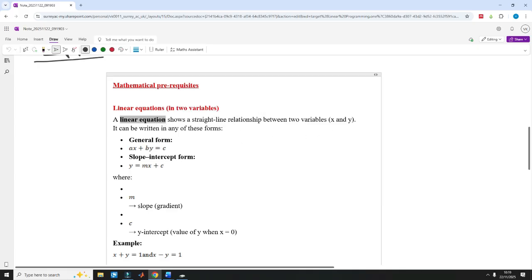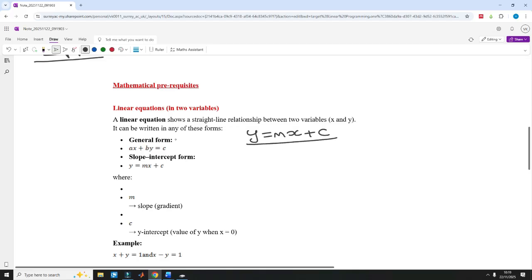Typically, you know the slope and intercept form of a linear equation, y = mx + c. For LPP problems, normally we write the linear expression in the form ax + by = c.